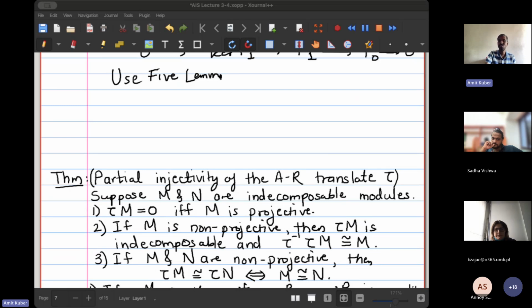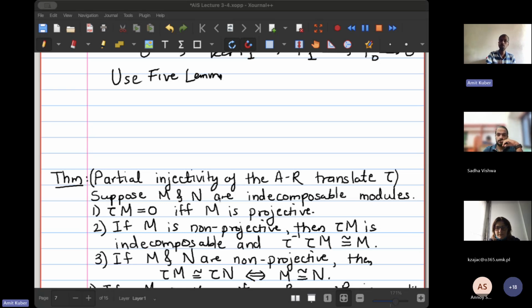So we have seen one side of the argument. The other side also holds true. Then if M is non-projective, just to ensure that tau M is non-zero, then tau M is indecomposable and tau inverse tau M is isomorphic to M. Yeah, precisely the question that he asked.